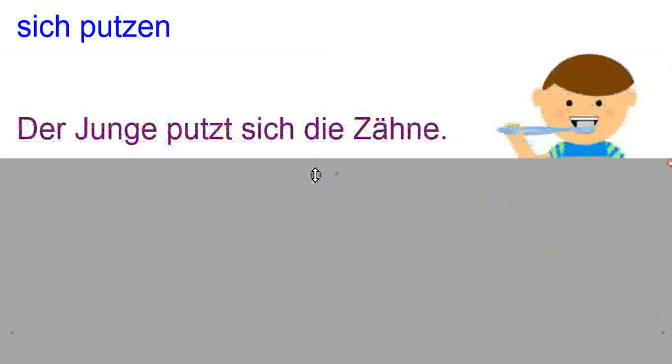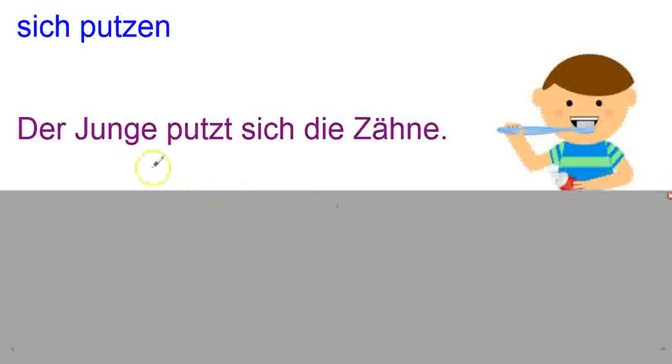Sich putzen, to clean oneself. Here we go, back to the teeth. Der Junge putzt sich die Zähne. This is the accusative case because it's the direct object. The boy cleans who or what? The teeth. To whom or for whom? Himself.